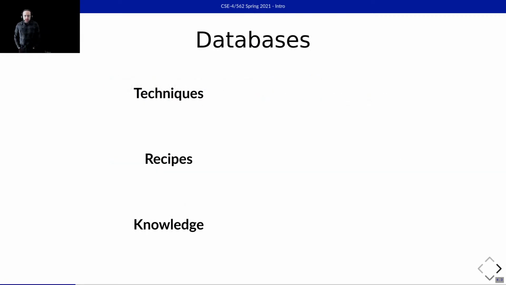Now, databases is a little bit different from other subjects. In particular, we don't have one specific tool that we are known for, the database community, that is. Instead, databases is unified by the specific types of problems that we solve. To that end, we have a pretty diverse tool belt of techniques, recipes, and knowledge.